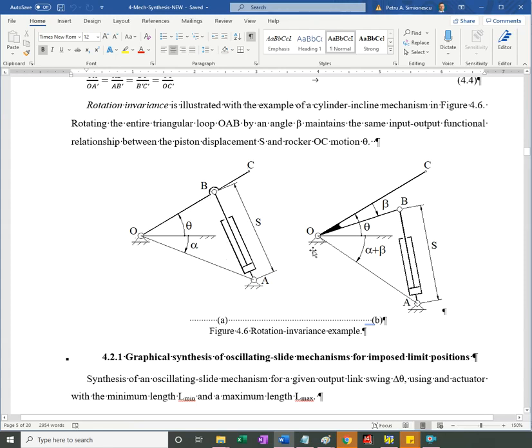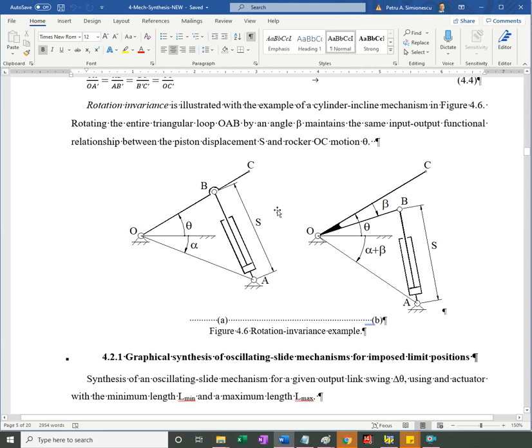So if you do this, if you're taking the triangular loop OAB and you rotate it, in this case clockwise, just the triangular loop by angle beta, so this point, by rotating by beta about O, goes from where it was here, and then point B rotates about O by the same angle beta.